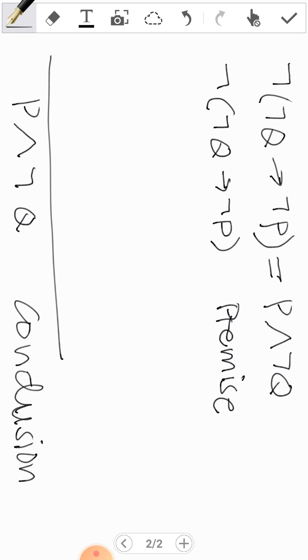Okay, so that will now be our conclusion. So our goal here is, from the premise, we would now like to use some rules of replacement until we come up with the right side of the equation, or that's the conclusion.